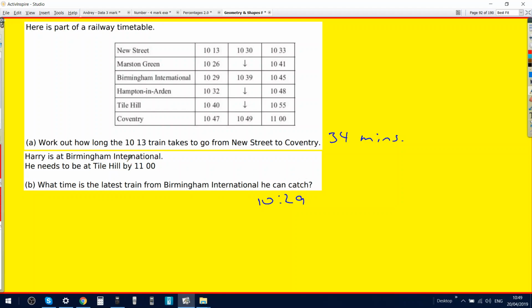He's at Birmingham International, Tile Hill by 11. Is there a later train you can get? 10:39. Oh no, 10:45. Yeah. So there's 40 for that.